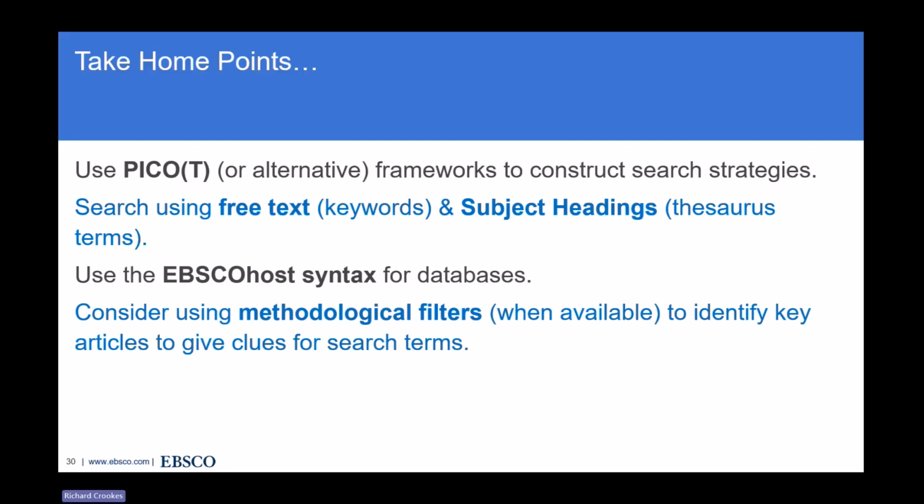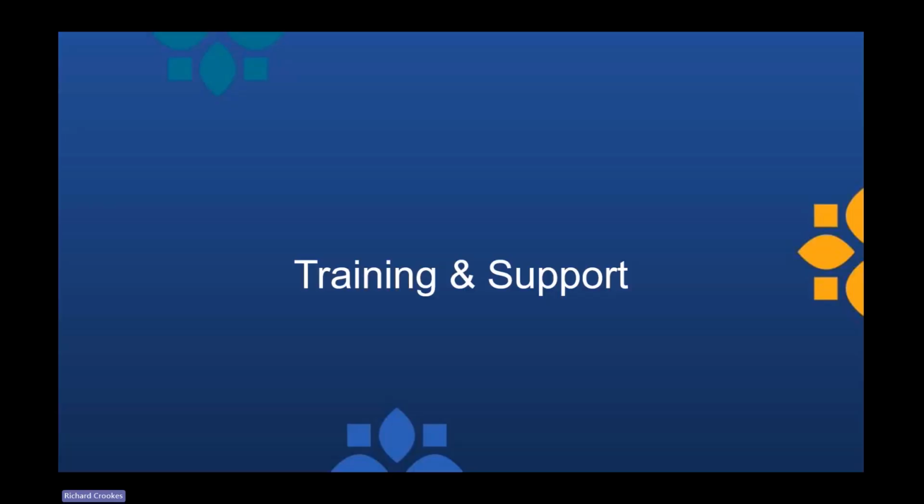Wildcards, truncation, and proximity search operators: make sure that you use those rather than some other provider's syntax to get the best results. Also consider using methodological search filters when available, and identify key articles to give clues for search terms. You might find other research similar to what's been done before, and you may find other terms from those results as well.